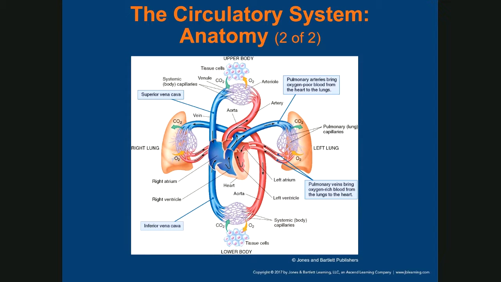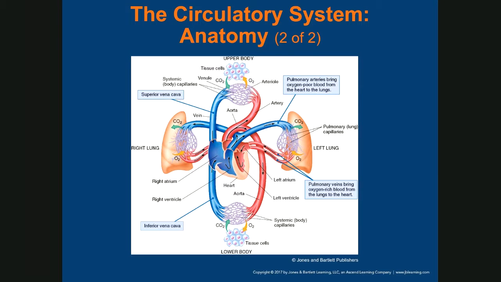Arteries carry blood away from the heart primarily, and that blood is usually oxygenated, except for the pulmonary arteries, which transport deoxygenated blood from the right side of the heart to the lungs. I mentioned that the arteries transport high pressure blood, so the blood flowing within the arteries is under high pressure.